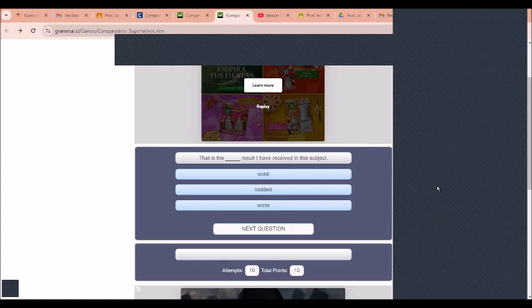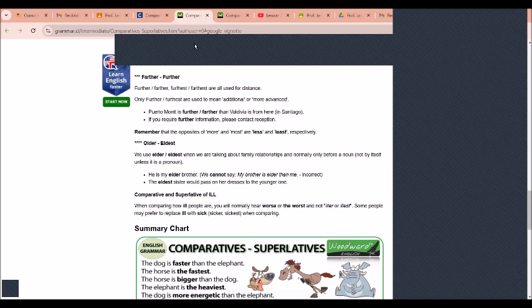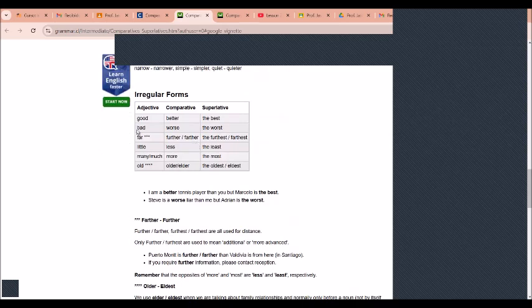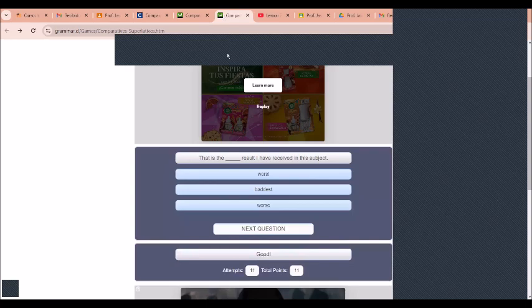Okay. Remember the irregulars. Bad is one of the irregulars. Let's check them. Bad, worse, worst. Repeat. Bad, worse, worst. Good. So here we're going to use worst. That is the worst result I have received in this subject.